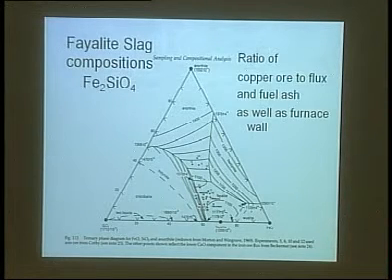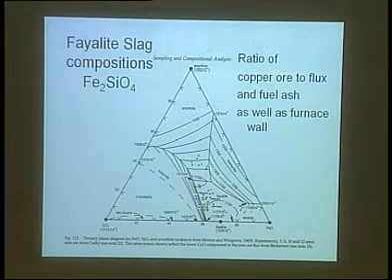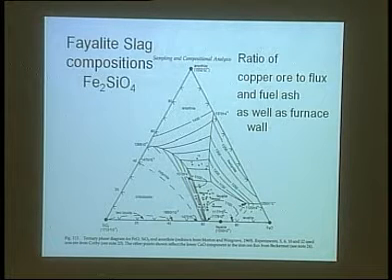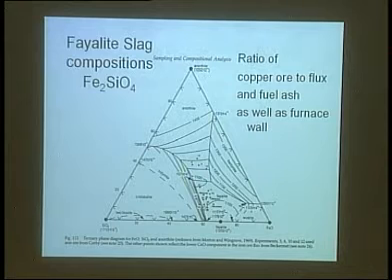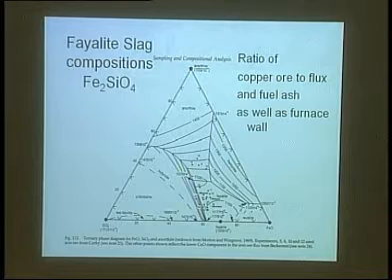Now, the slag is really a very important aspect of the technology for copper smelting. And on the analyses, it's this ratio of copper ore to iron ore that's so important. And also that ratio to fuel, because again, you have to get all of these materials up to the required temperatures for the reactions to take place that are desired.